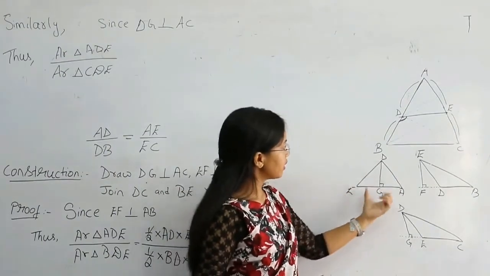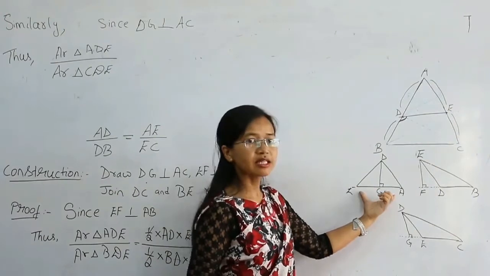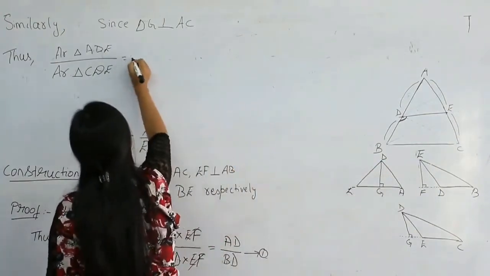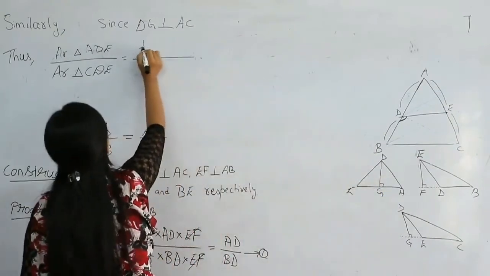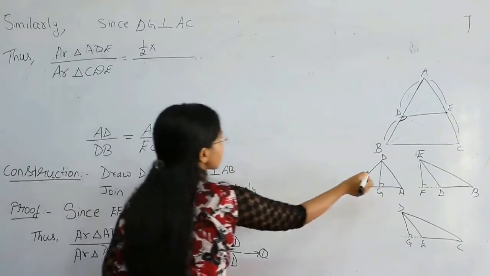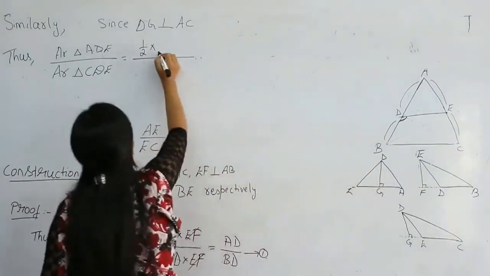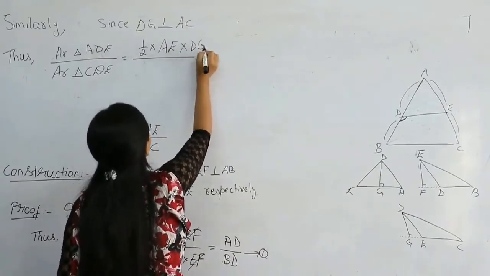Alright, so in here, what will be the height? The height is DG and the base is EA. So the area of triangle ADE will be half base. Sorry, the base here is AE and the height is DG.